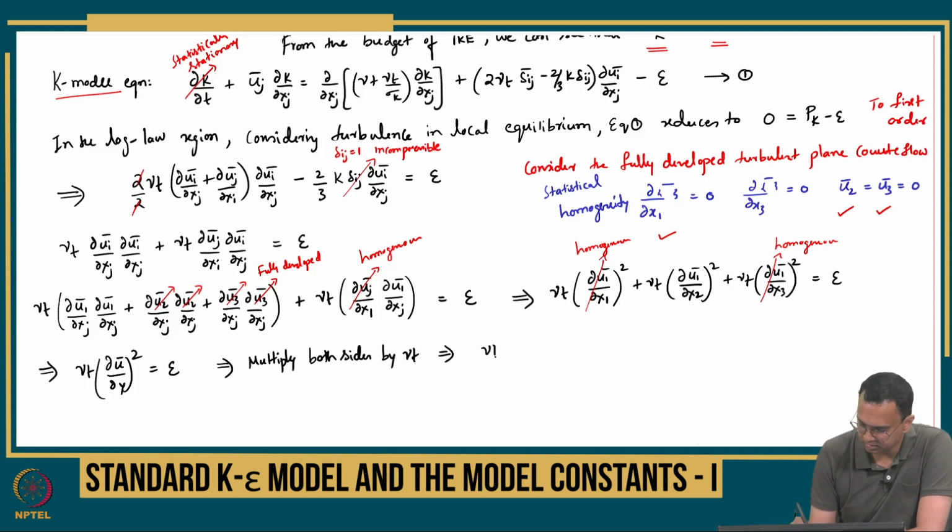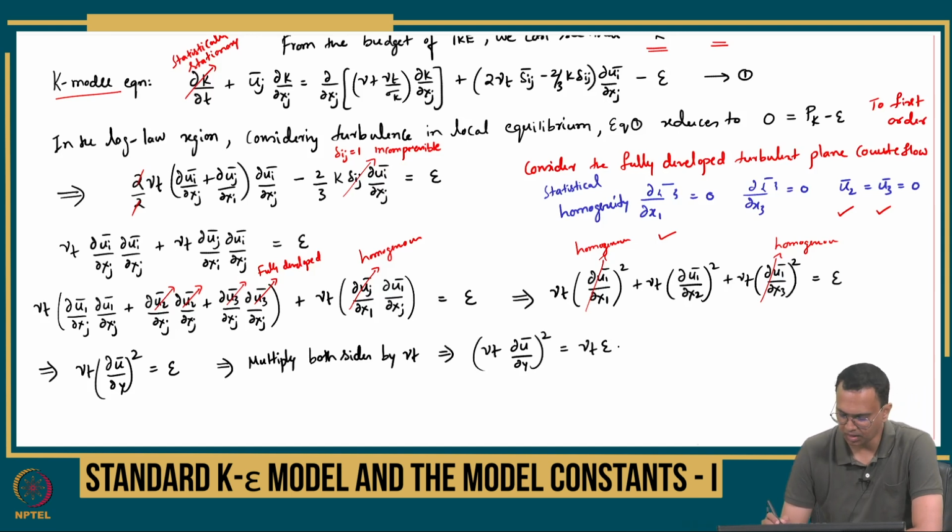I get nu t times (dou u bar by dou y) squared equal to nu t times epsilon. Now this nu t dou u bar by dou y, does it ring a bell? Does it remind you of a term that you already know? Turbulent shear stress using Boussinesq, right?